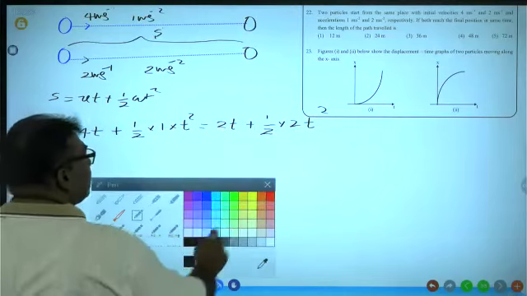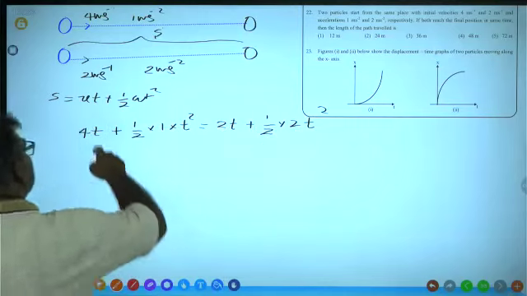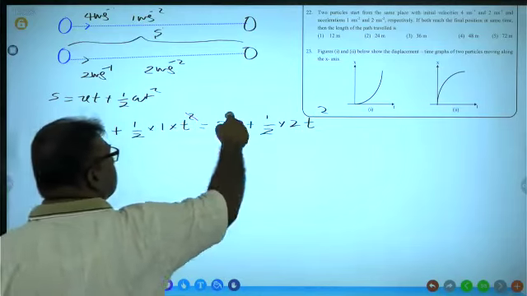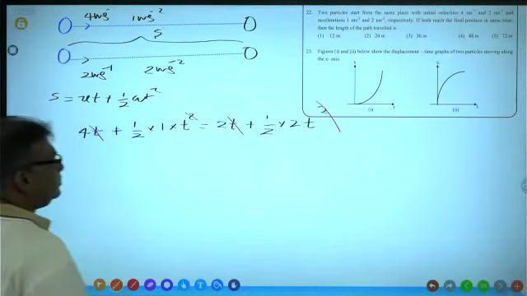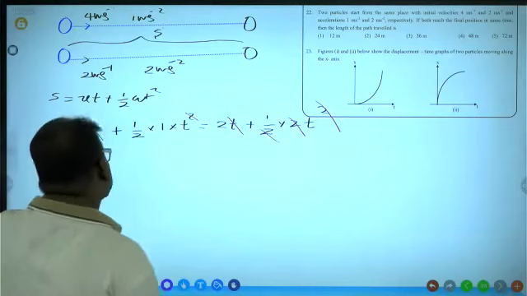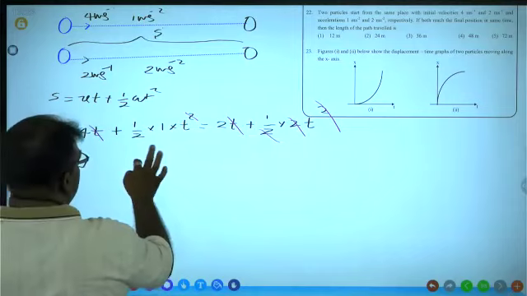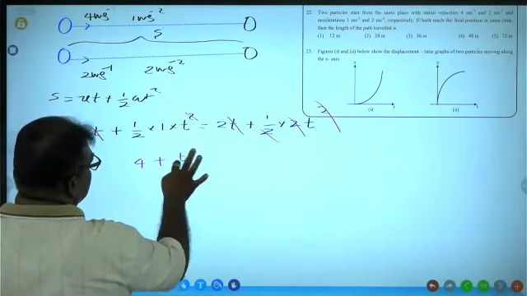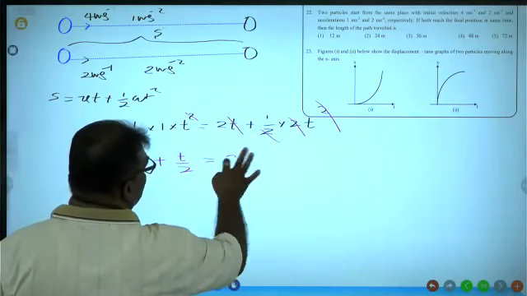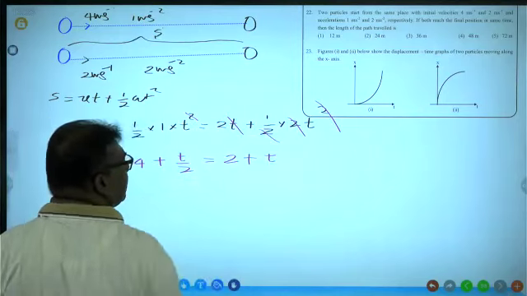Yes, then simplification. We can say t cancels, right? Here 2 cancels. Then we have 4 plus t by 2 equals 2 plus t, right?